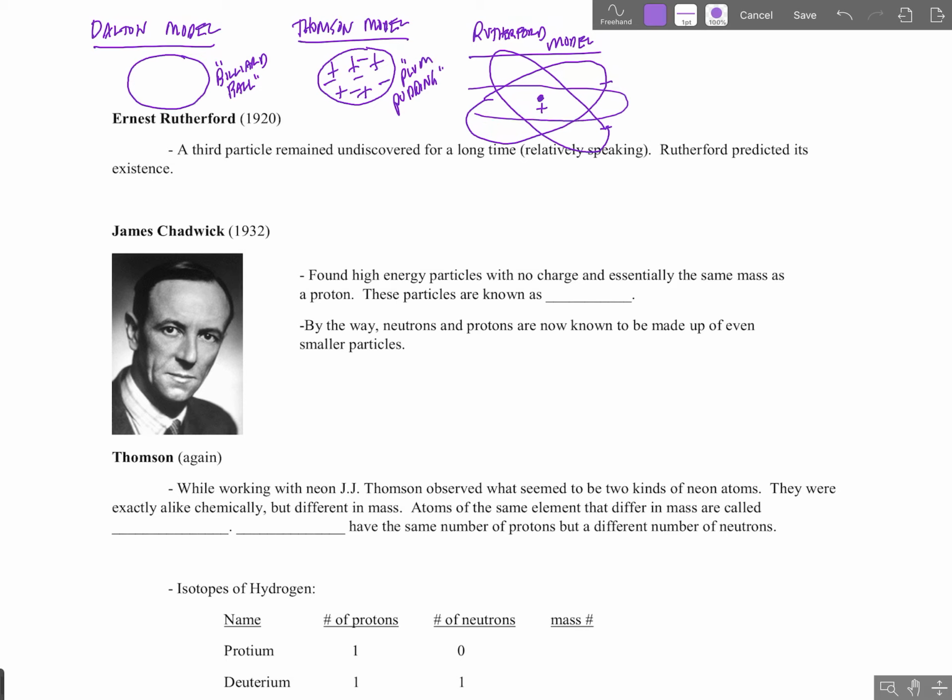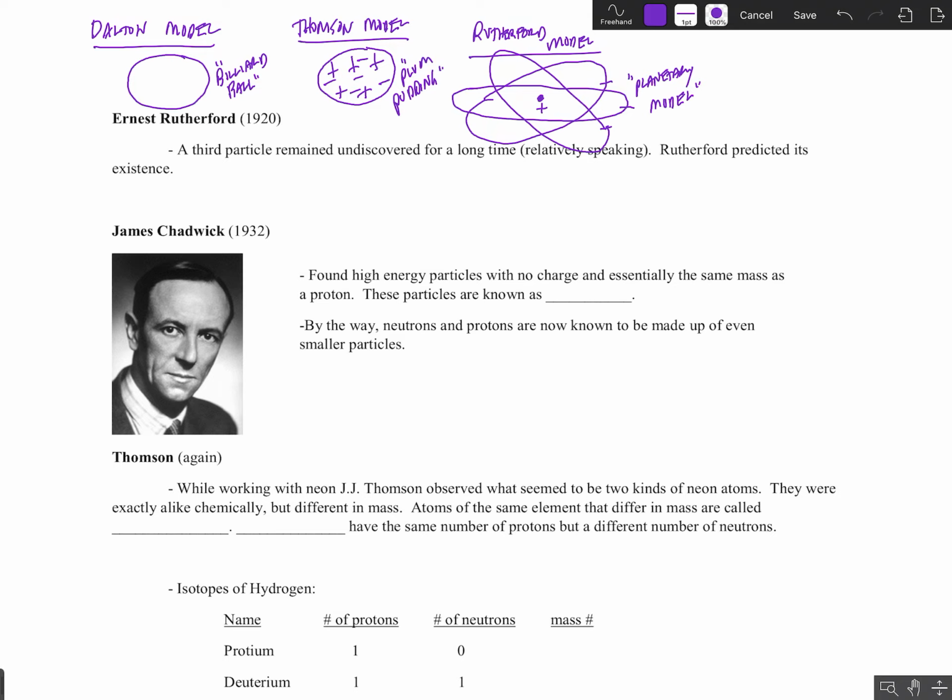So we're going to draw something like this. So we said that matter was mainly empty space because of the huge distances between the nuclei. This became known as the Rutherford planetary model of the atom. And that's where we are right now, and we're going to expand upon that in later discussions.